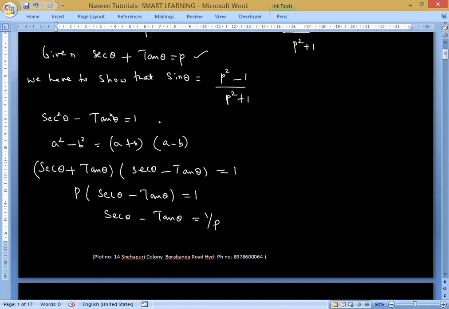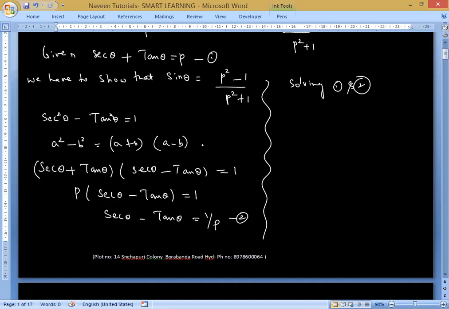I'll assume this as the first equation, and this one as the second equation. So solving 1 and 2. What is the first equation?